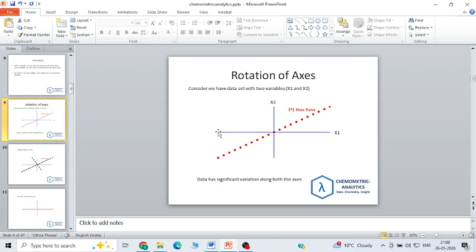You see they have variability right from here and it goes up to here. It also has high variability along the x2 direction. So this data has a lot of variability along both the axes.